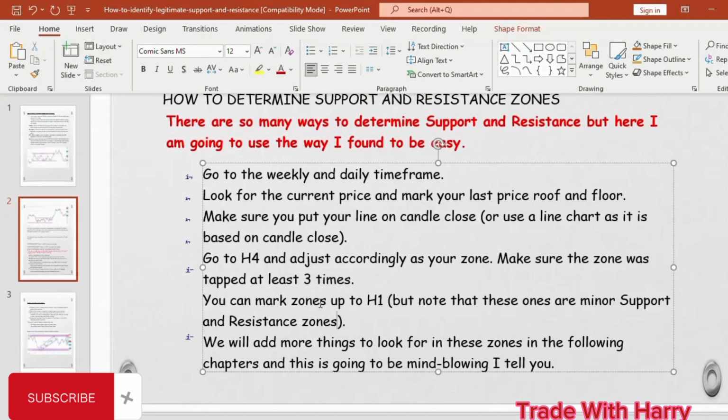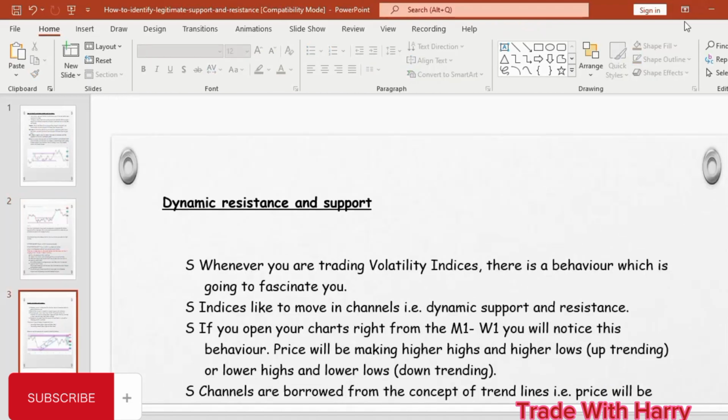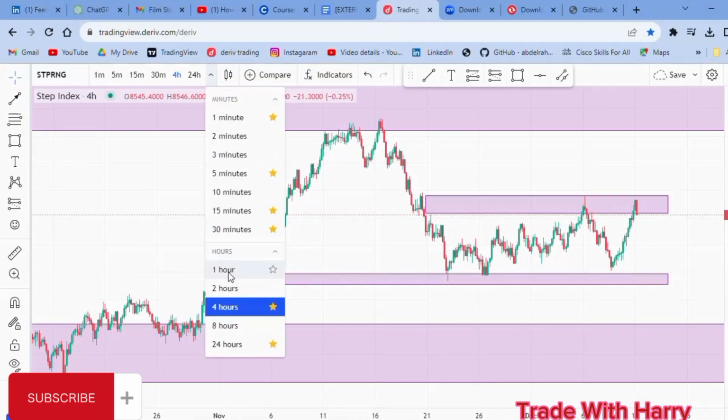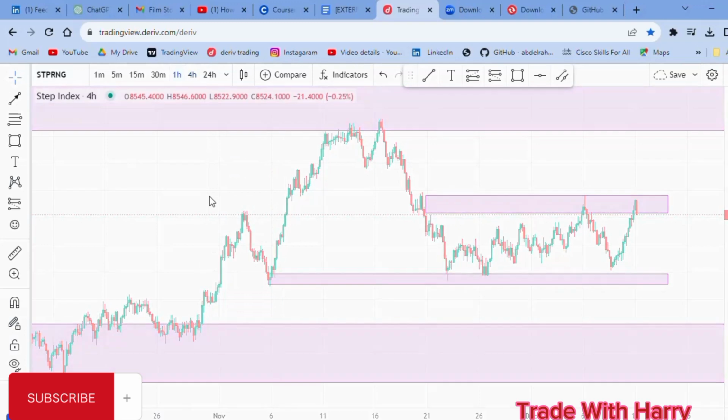So you can mark zone up to 1 hour, but not these ones, they are more support and resistance zone. They are minor. So let's continue and see. So we can go to 1 hour time.